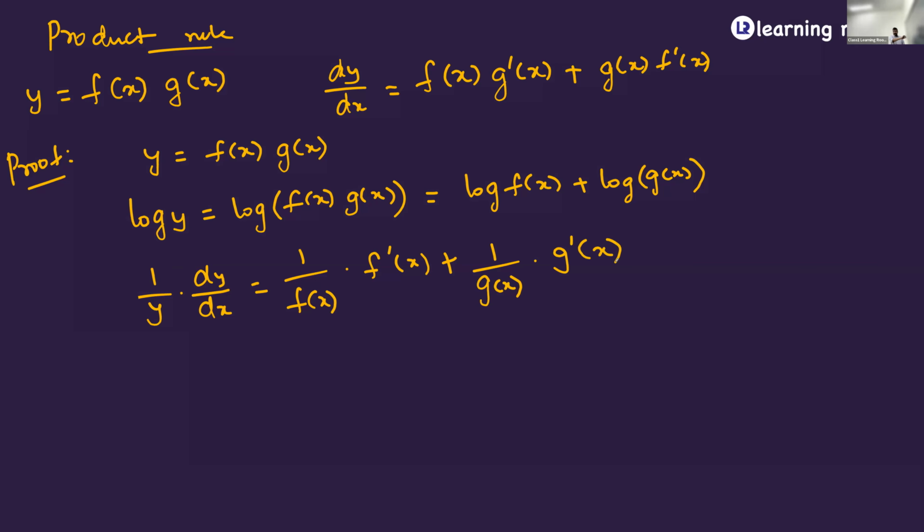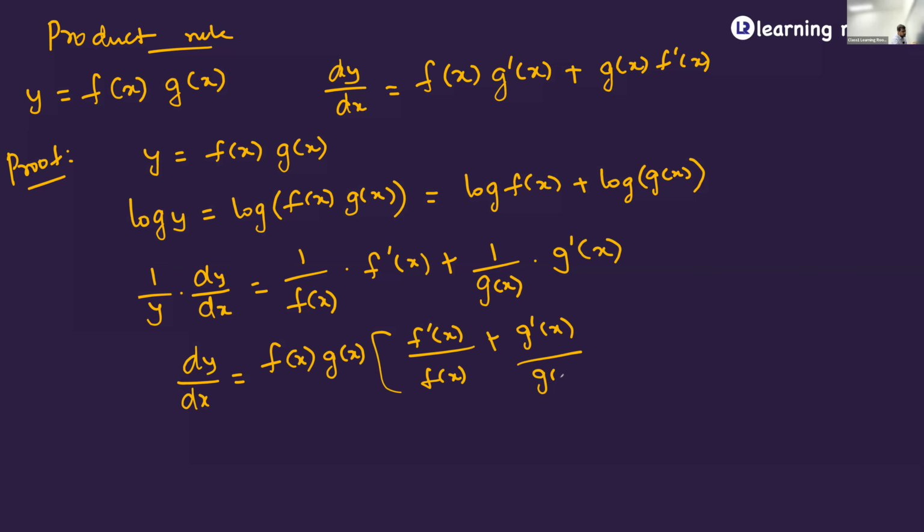Now I can take y to the other side. So dy by dx will be equal to y, and you need to remember that y is the question itself, so f of x into g of x, times f dash of x divided by f of x plus g dash of x divided by g of x.